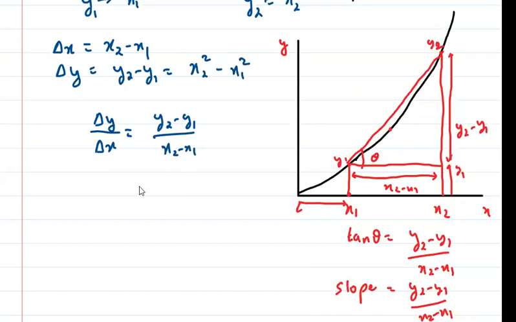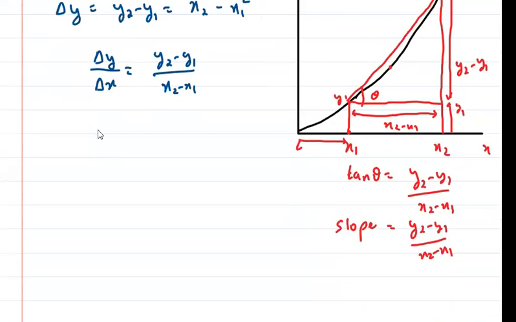Okay. Now think about it. ठीक है? ये clear हो गया? Now think about it. So if I want to find this delta y by delta x, when this difference is very small, when x2 is actually equal to x1 plus very small change, which is dx. समझ में आ रहा है?